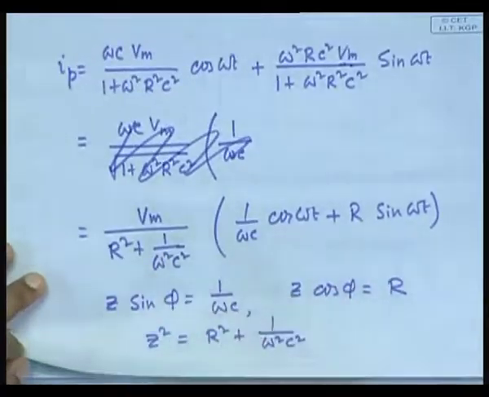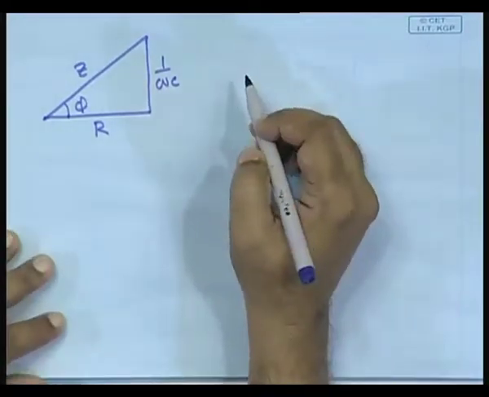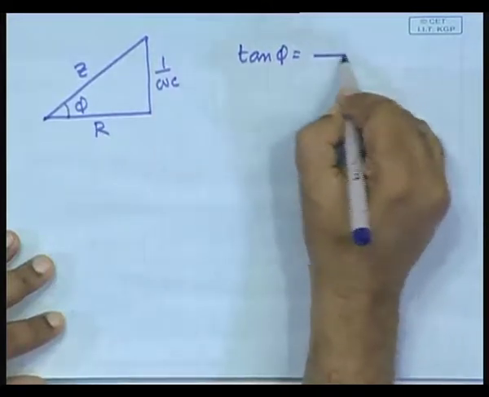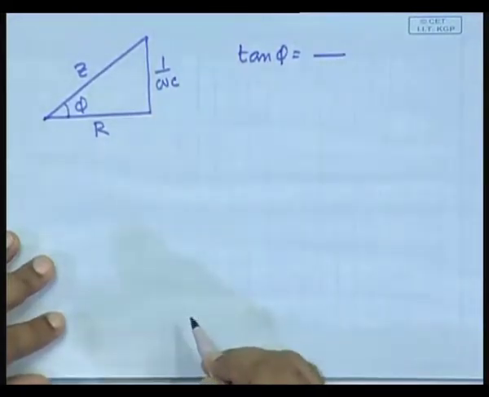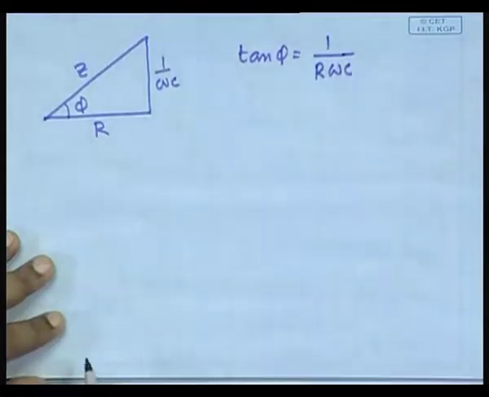By doing this manipulation, what we have actually obtained is, in that case, your tan phi is 1 by r omega c. Fine. Okay.